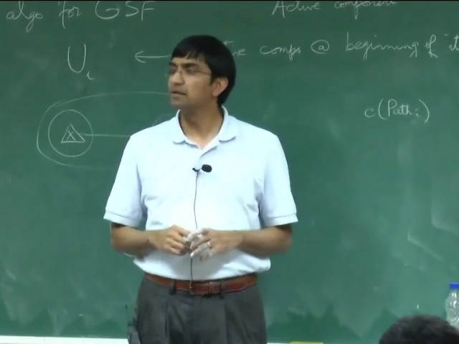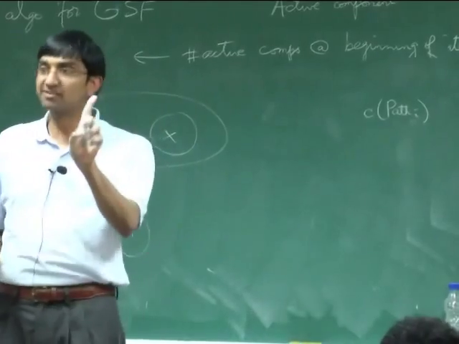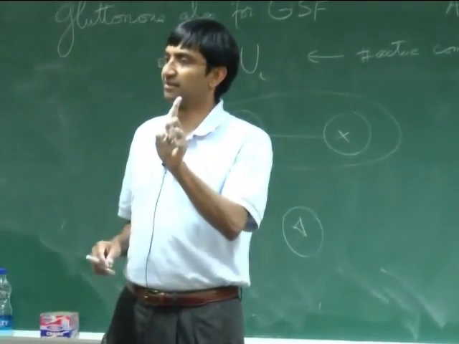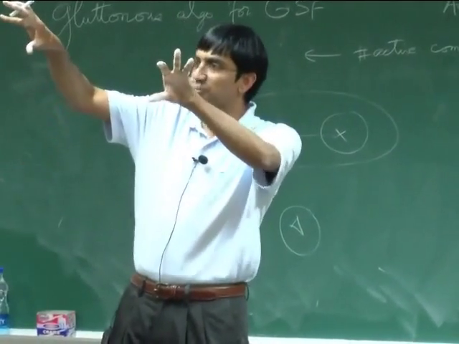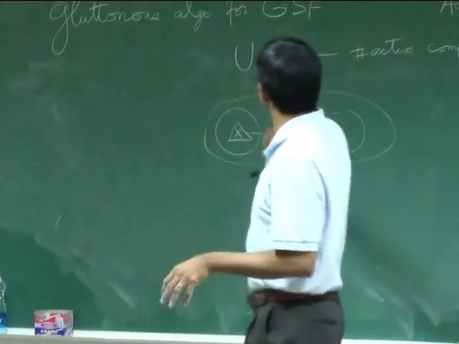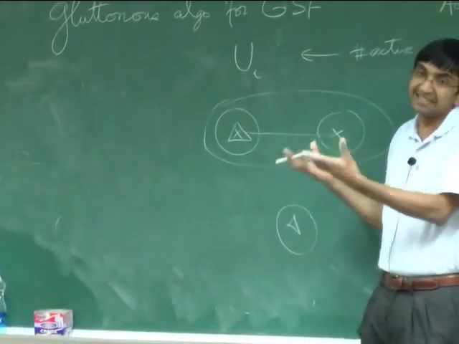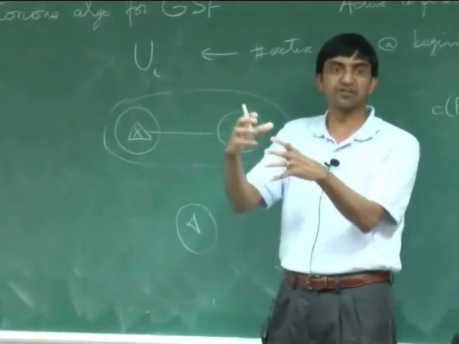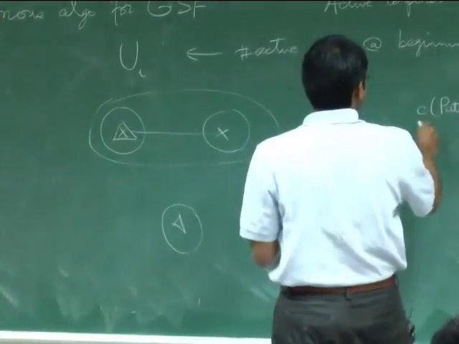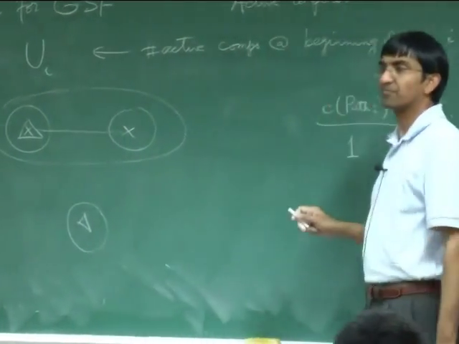By at least 1. This is the important point. Because you started with 2 endpoints which were active. In the worst case, after you merge them, as in this example, it is still active, but the number of components has gone down by 1. So this decrease is 1. That's like covering.